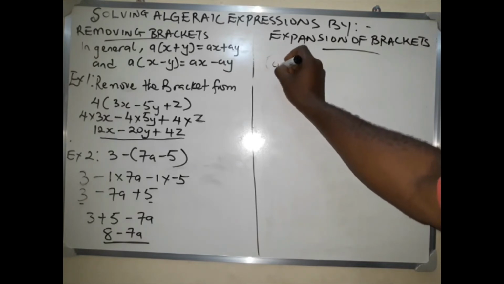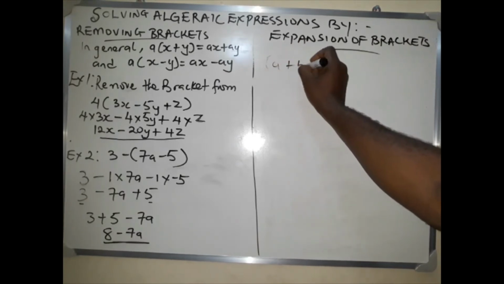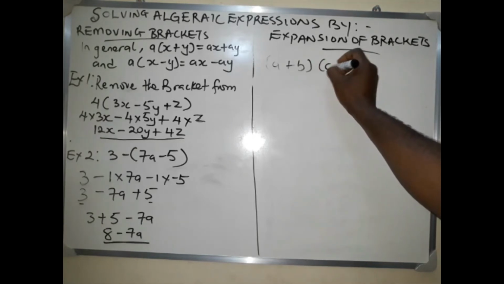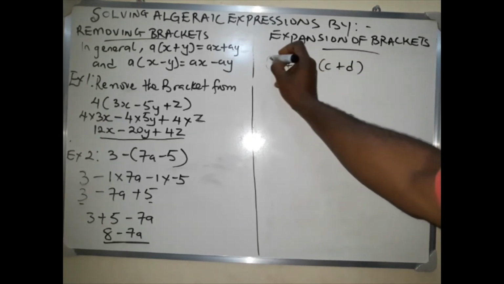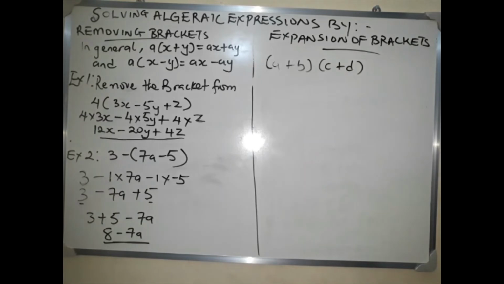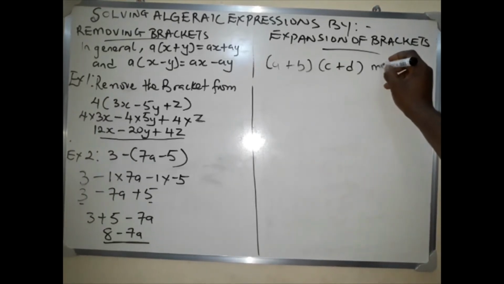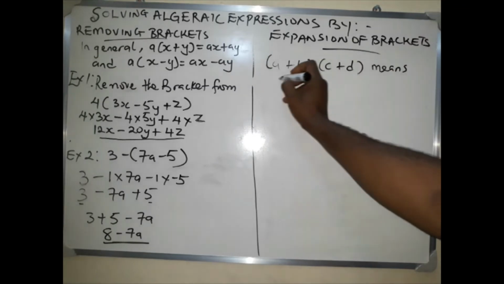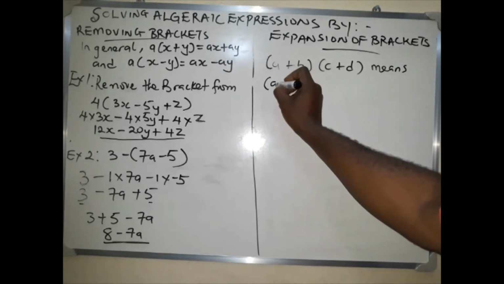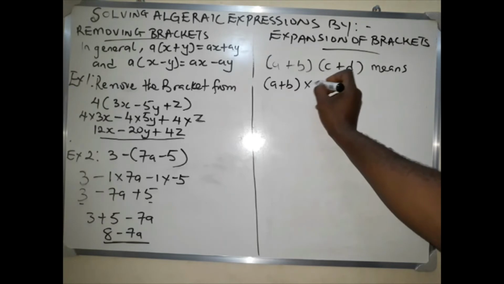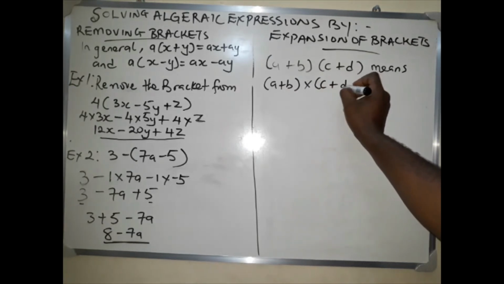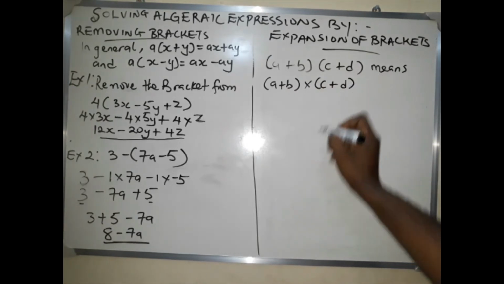We have A plus B, and we have C plus D. These are two expressions in brackets. So whenever you see something like this, what it means is A plus B times C plus D in brackets.